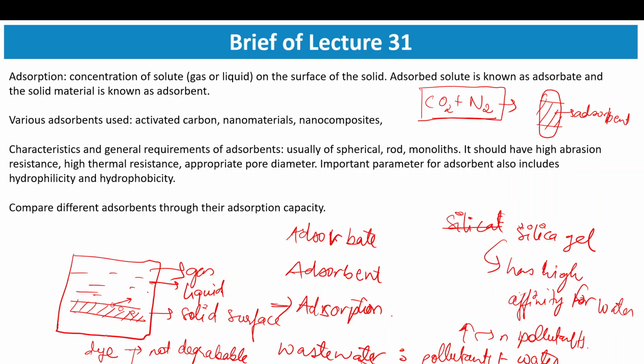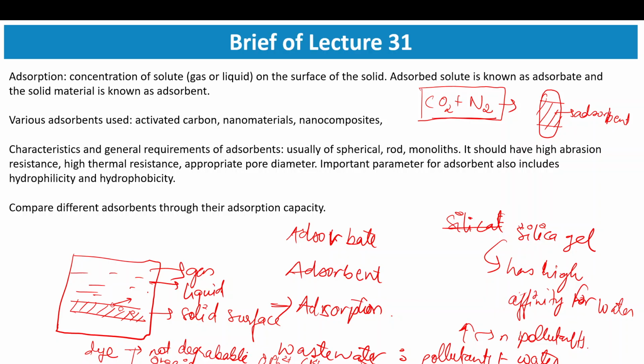But here the pollutant might have different characteristics. For example, dyes are organics, while heavy metals are nothing but ionic species, for example, Pb2+. So all these have different characteristics and might have different interactions with the adsorbent.